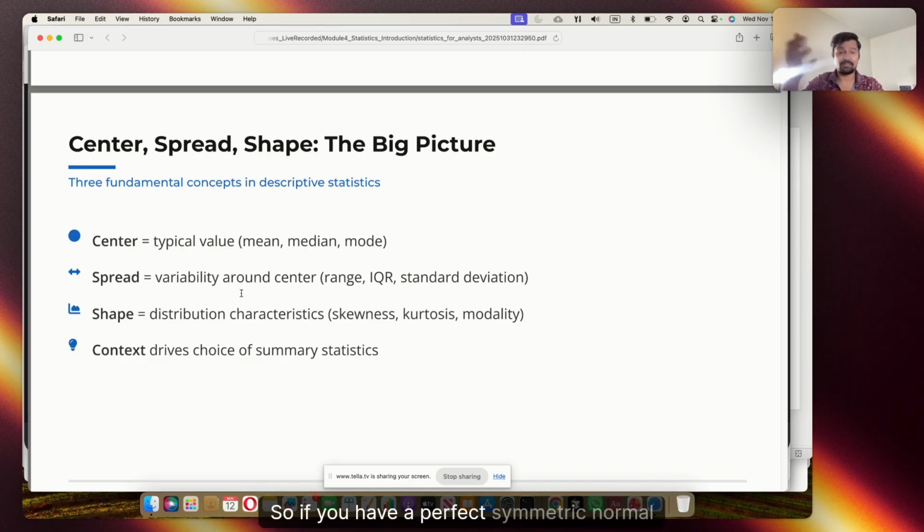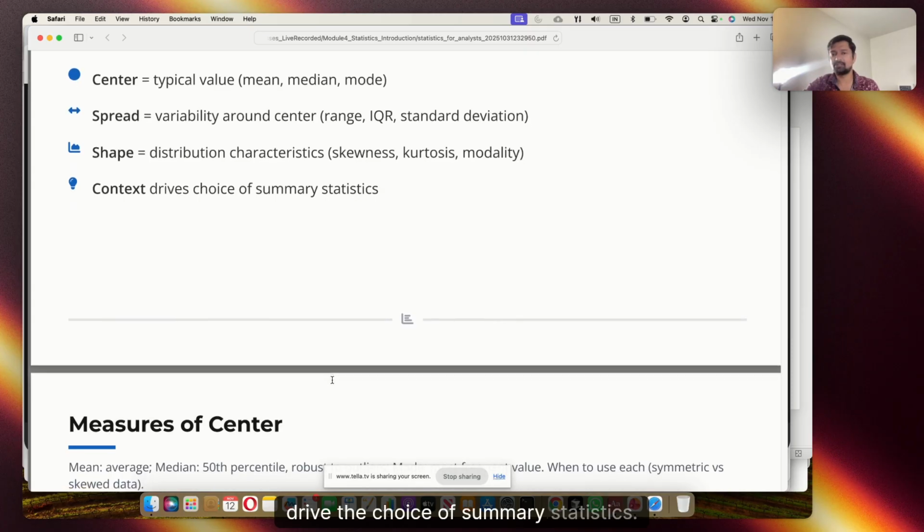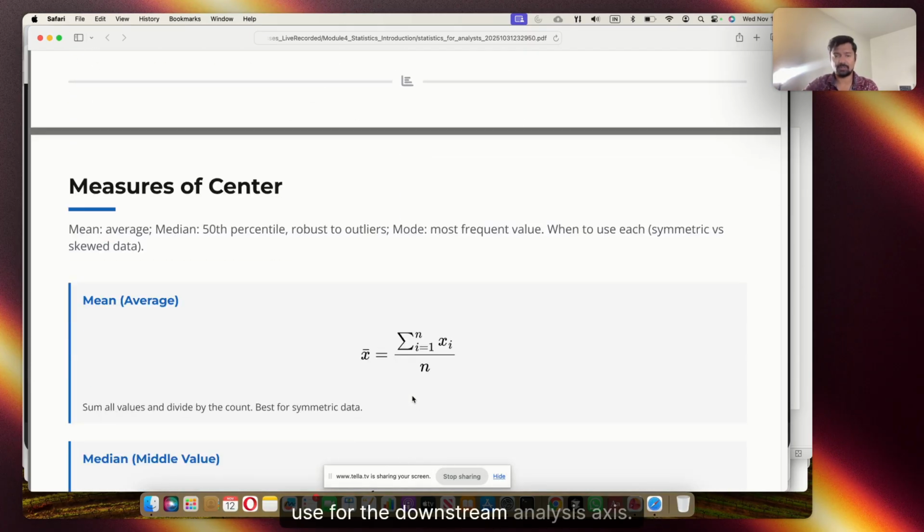If you have a perfect symmetric normal distribution, you can mostly use a parametric test. For example, if you have asymmetric distributions or you're working with multimodal data, you can go for non-parametric tests. So this can be your choice. The context we learn here drives the choice of summary statistics and the choice of statistical method that we are going to use for the downstream analysis.